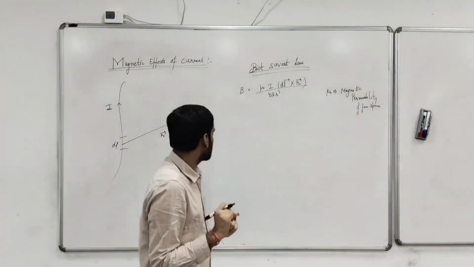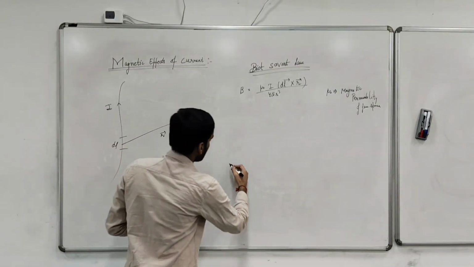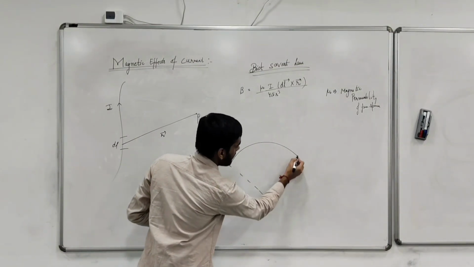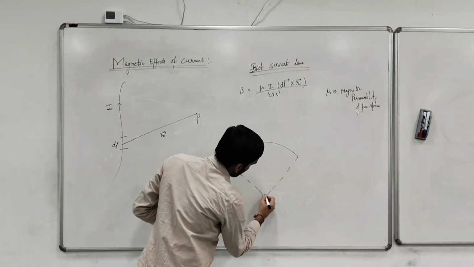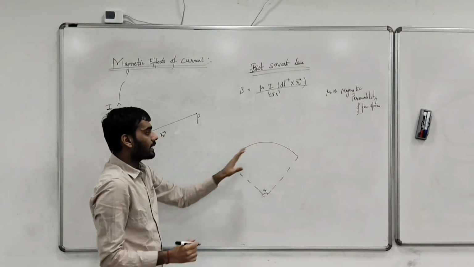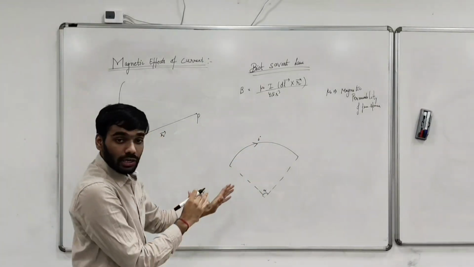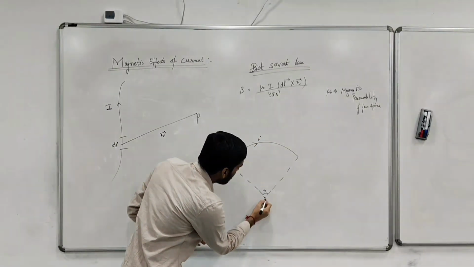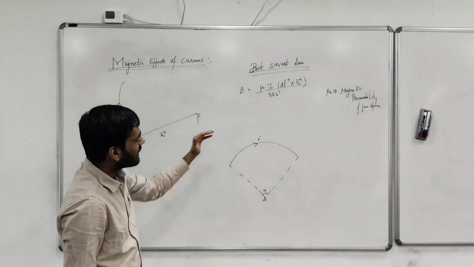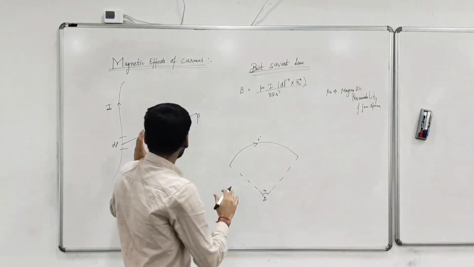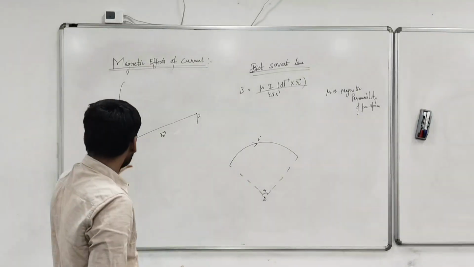So let's begin with very simple things. Take an arc of angle alpha. A current I is flowing in this arc. Now we want to calculate the magnetic field at this point P due to this current carrying arc. The process is very similar.